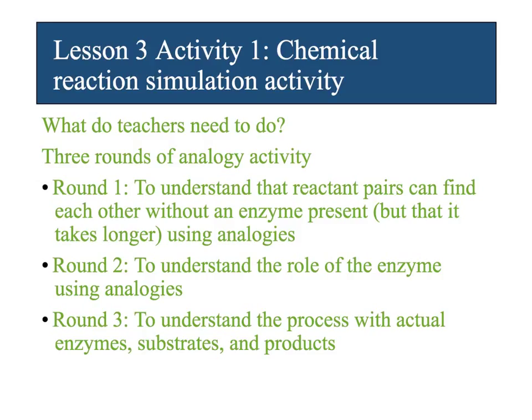We're going to do that using analogies, and I'll show you an example in a second. In round 2, we'll use those same analogies, but with an enzyme or a stand-in for an enzyme present. And then in round 3, we'll actually get into the enzymes, substrates, and products, so in actual chemical reactions.